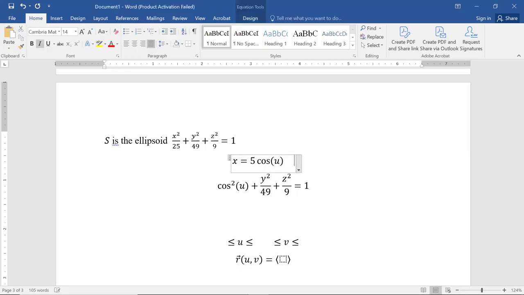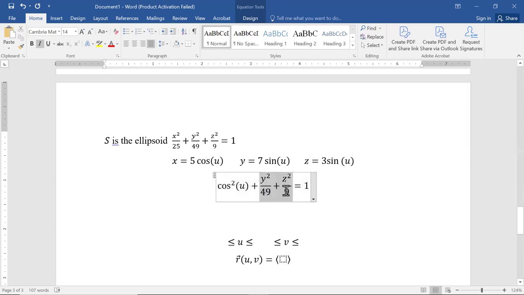So in order to do that, I need y is equal to 7 times sine of u. But I also kind of need z is equal to 3 times sine of u. If I had one or the other of those, then we'd be all set.